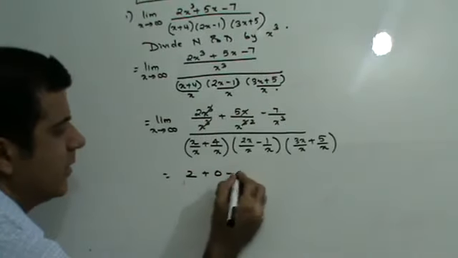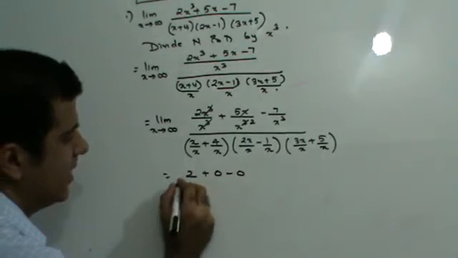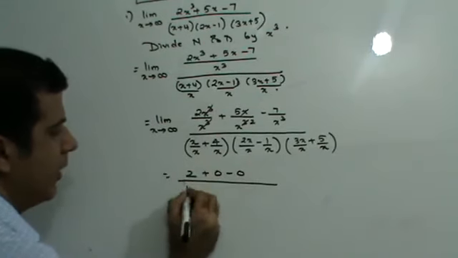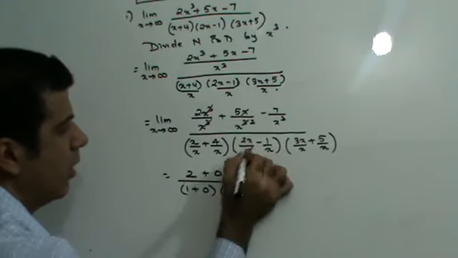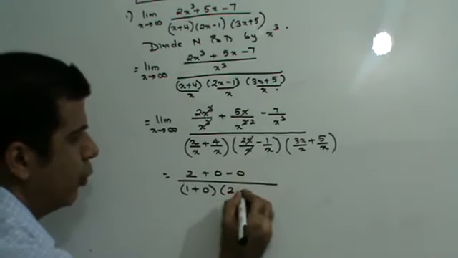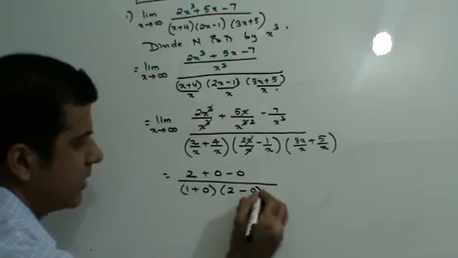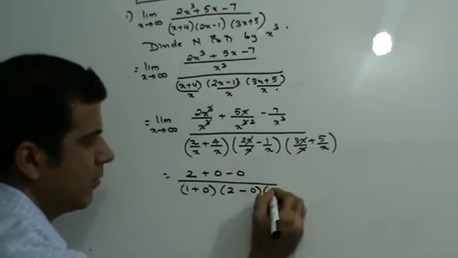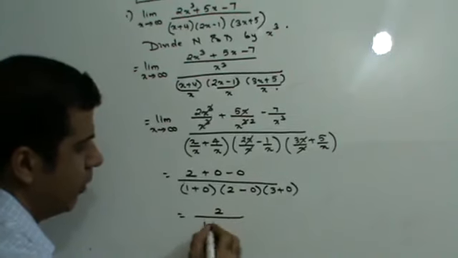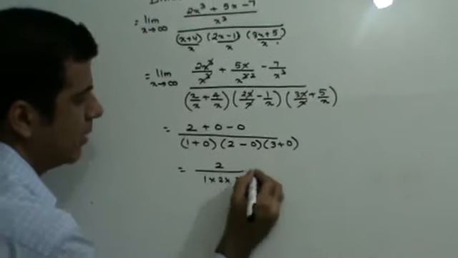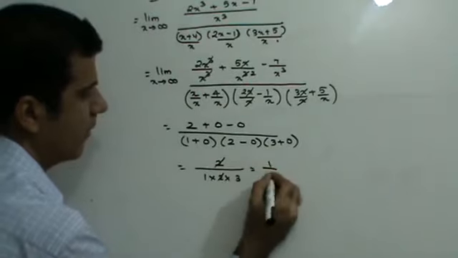Again I have x in the denominator, therefore the term becomes 0. x upon x is 1, 4 upon x is 0, 2 minus 1 upon x is 2, 3 plus 5 upon x is 3. So the answer is going to be 2 upon 1 into 2 into 3, that's 1 upon 3.